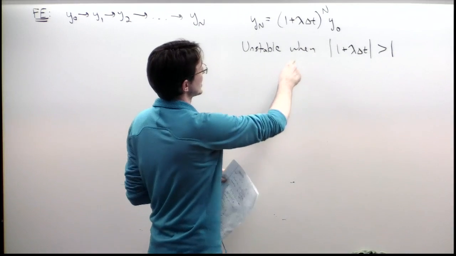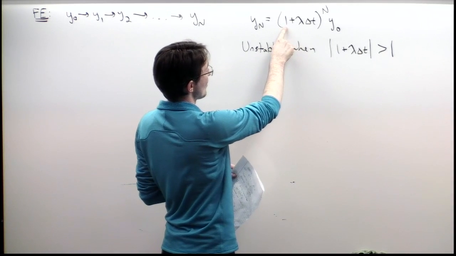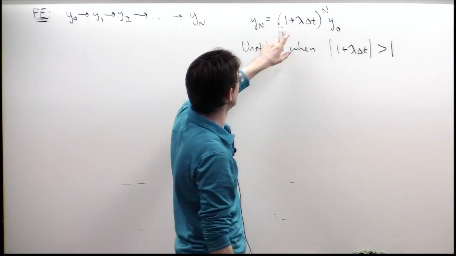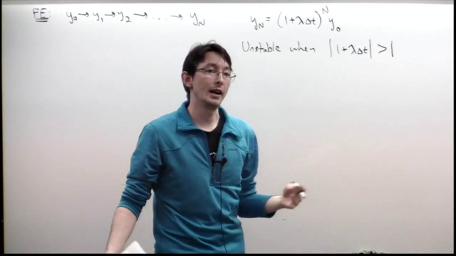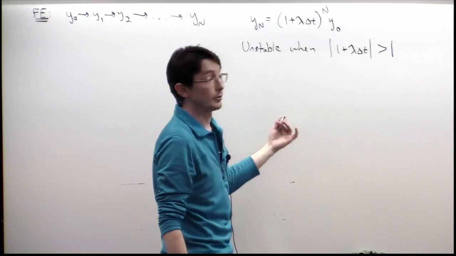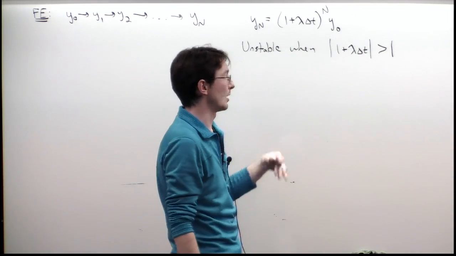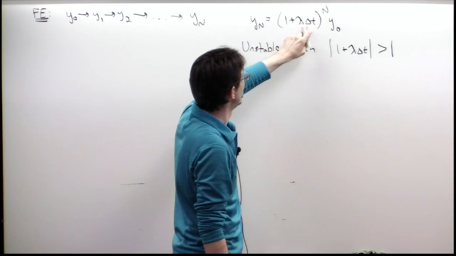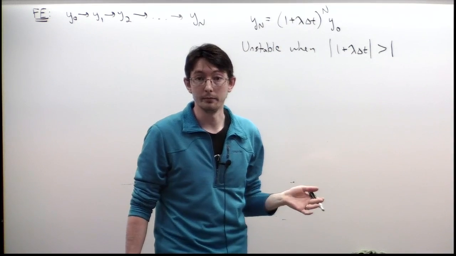So let's say, for example, lambda is minus 100, really stable linear system. Lambda is minus 100, and delta t is 0.1.